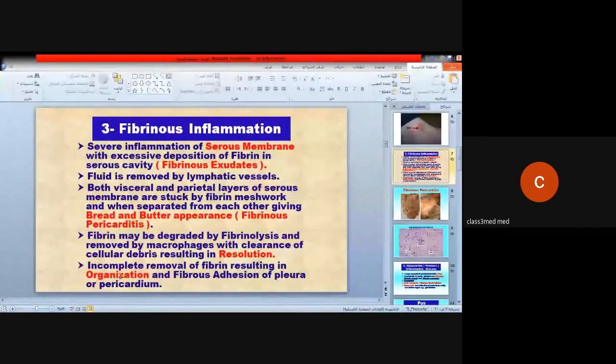Organization means converting of fibrin into fibrous tissue by proliferation of new blood vessels and fibroblasts. So this is what is meant by organization: converting and replacement of the excessive fibrin by fibrous tissue.